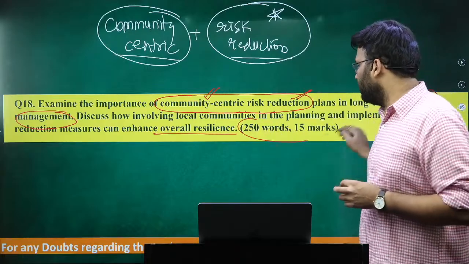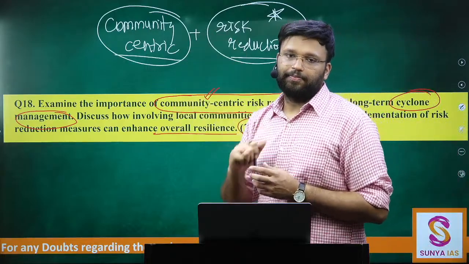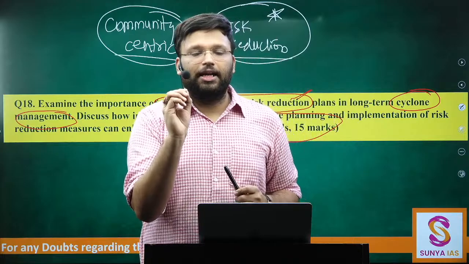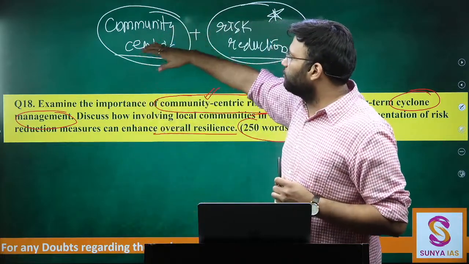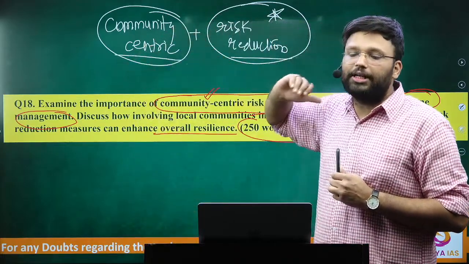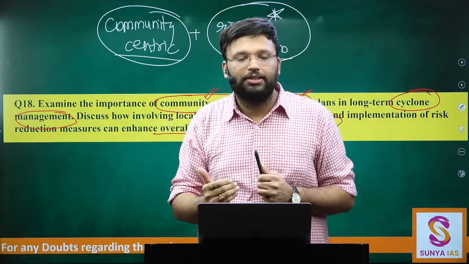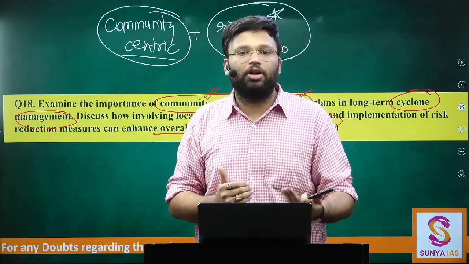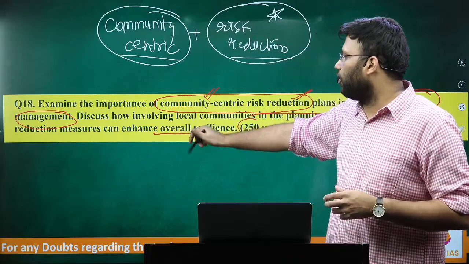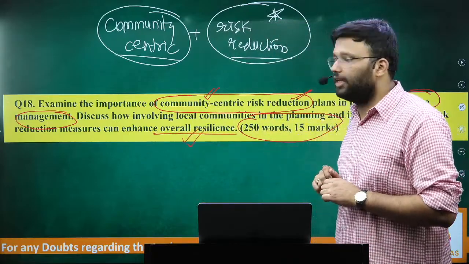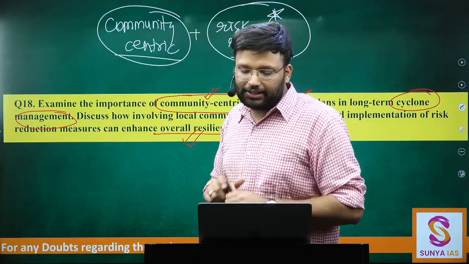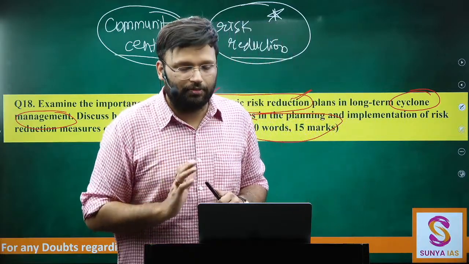So 250 words, 15 marker. Now you will see that there are only two keywords when it comes to the question: how community-centric activities have to increase and how they will lead to overall risk reduction, and overall resilience will increase. Okay, that is the demand of the question.